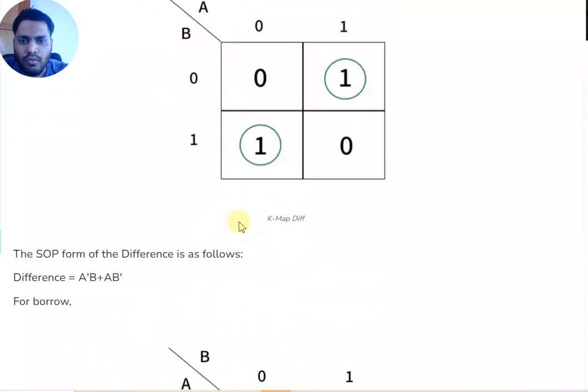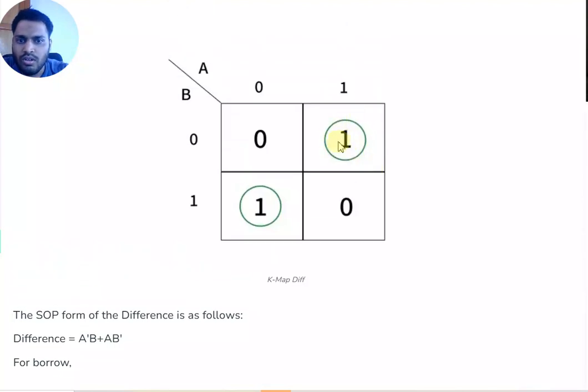Now you have to group wherever there is 1 and write the logical expression for it. You have A as 1 here and B as 0 here. So what will be the expression? A and B naught. This is one part. Then you have 1 here.